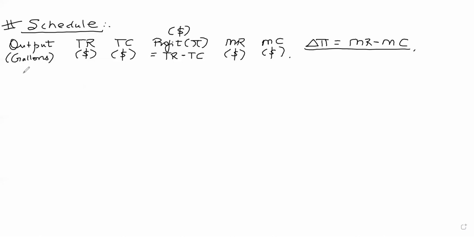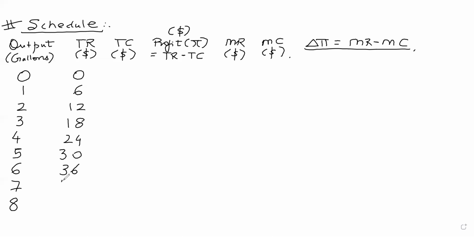So guys, if I fill up the schedule 0, 1, 2, 3, 4, 5, 6, 7, and 8, this is my output in gallons. My total revenue is 0, 6, 12, 18, 24, 30, 36, 42, and 48. If you plot it with output on the horizontal axis, you see that total revenue has a constant slope. Now, what is the slope of total revenue? Marginal revenue.